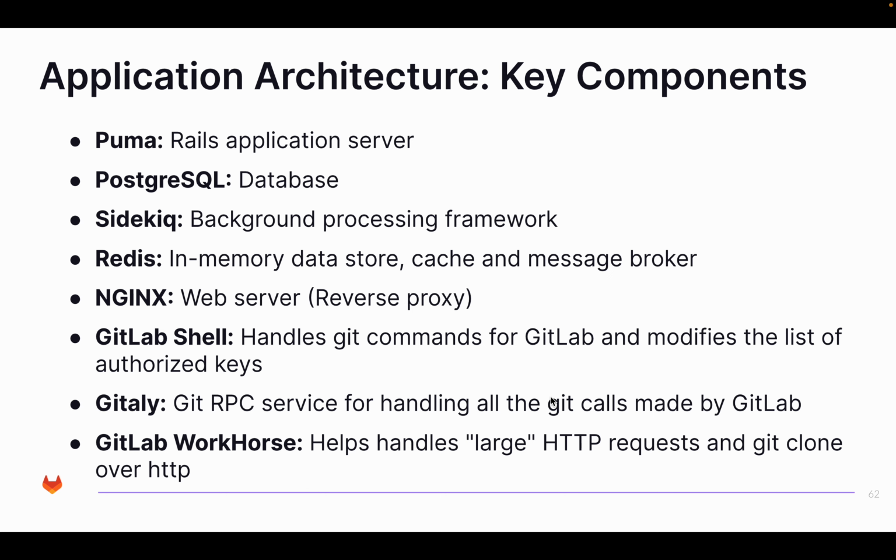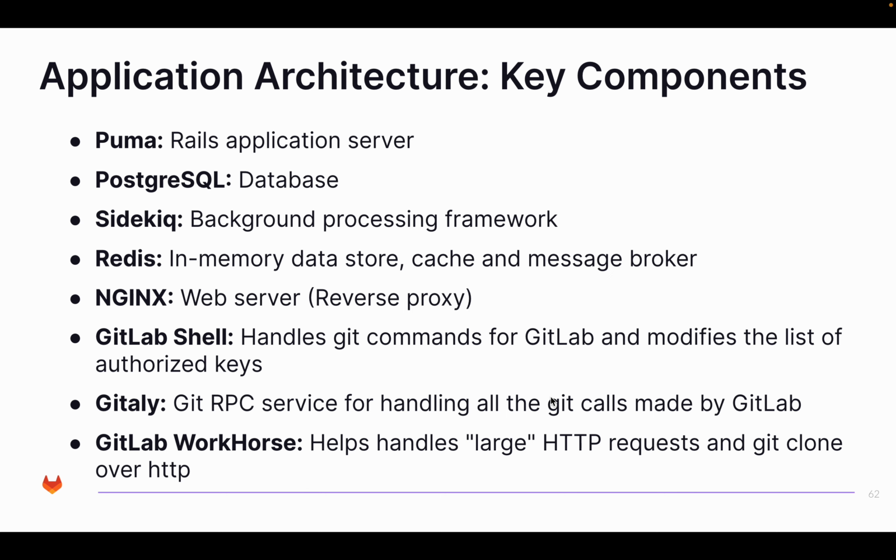To improve performance, we added Redis as sort of a cache server in memory so that we can do a lot of transactions and operations in memory, which speeds up the instance. As a sort of front-end tool, we use Nginx as a reverse proxy. With larger installations, you can also use other additional proxy servers, but bundled with GitLab is Nginx.